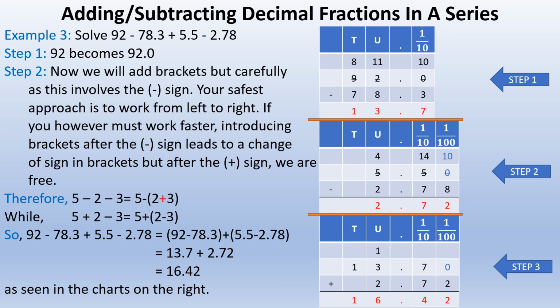So 92 minus 78.3 will give us, as you can see in the charts, 13.7, while 5.5 minus 2.78 will give us, as you can see in the charts, 2.72. Now, dealing with the results of these two, we have 13.7 plus 2.72. We'll create another chart to add the two of them. Adding the two of them will give us 16.42.